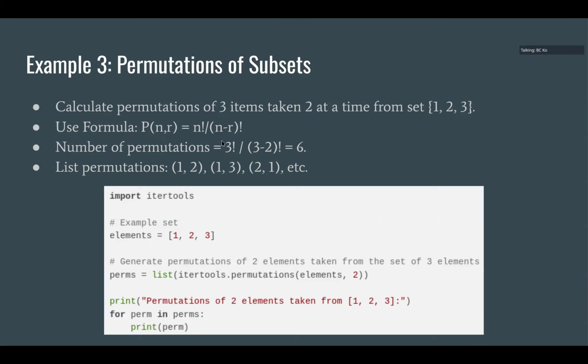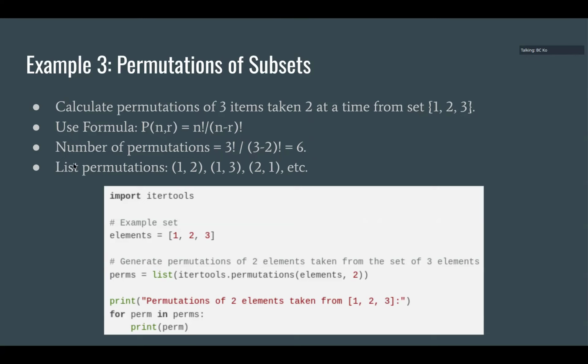We then use the permutation formula, which is n factorial divided by n minus r factorial. Here, n is 3 and r is 2. So we calculate 3 factorial divided by (3 minus 2) factorial, which is 6 divided by 1, giving us 6.